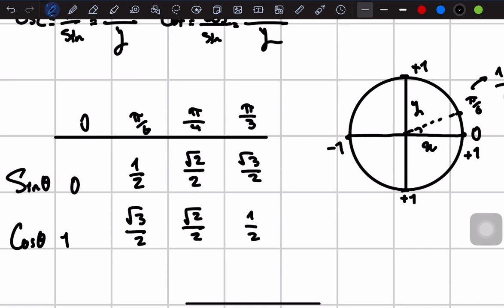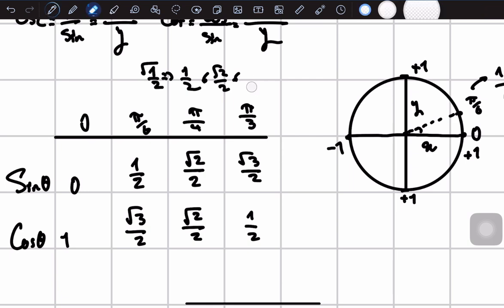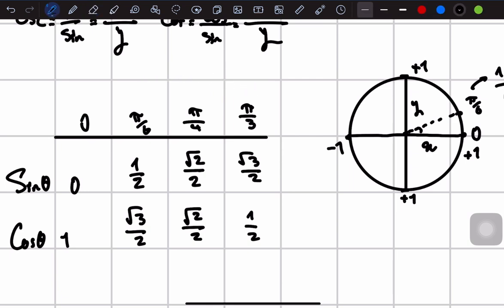For example, memorize sine of pi over 6 as 1 over 2. This one is basically the square root of 1 over 2, but the square root of 1 is 1, so you can just say 1 over 2. It goes again: square root of 1 over 2, square root of 2 over 2, square root of 3 over 2. And for cosine, you say that's the inverse of sine, so it starts off with square root of 3 over 2, square root of 2 over 2, and the square root of 1 over 2. You can make it easier by doing this. It's up to you.